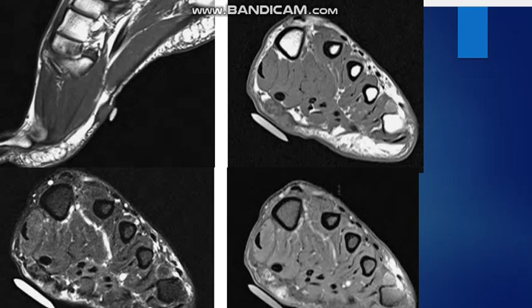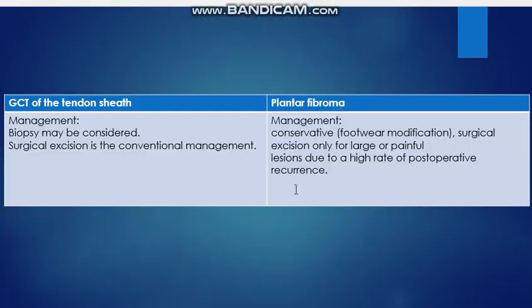So you need to start with conservative management and you need to only excise the lesion in very symptomatic patients. And you need to excise the lesion if the lesion is very large and causes pain to the patient. And you need to know that there is a high rate of post-operative recurrence. So I think that's all, and thank you.